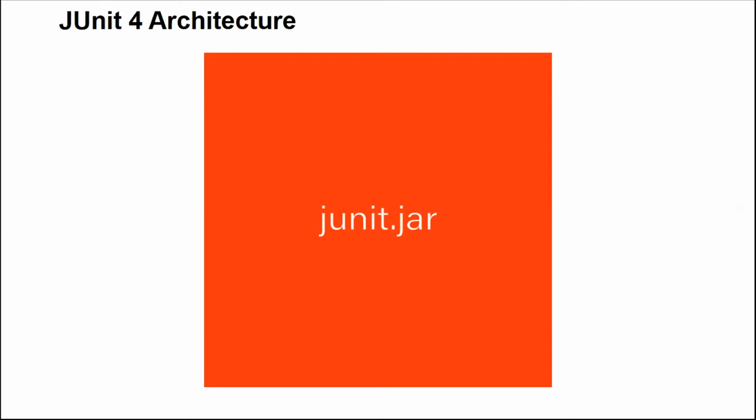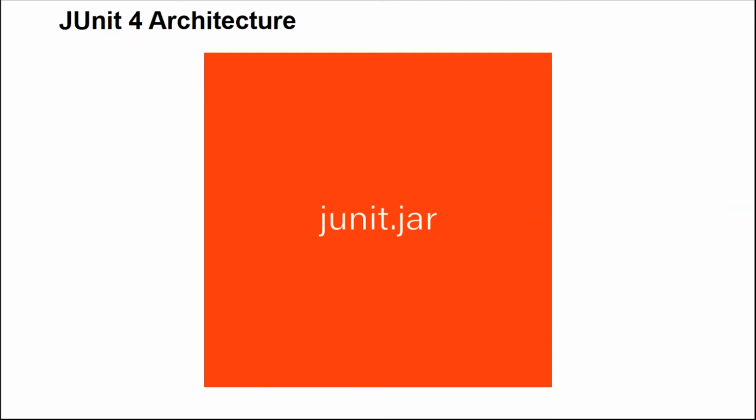JUnit4 had a monolithic architecture. So if you needed to use JUnit4 in your projects, you just had to use this single JUnit jar and start using it. That was simple, but it was also coming with some disadvantages because everyone was using one single jar, and that was not so convenient.